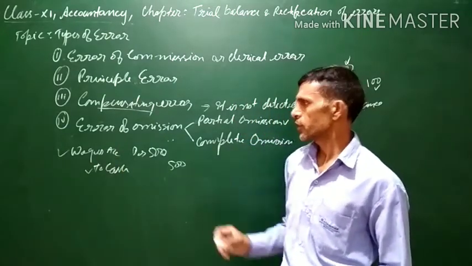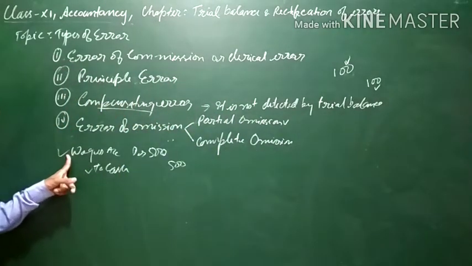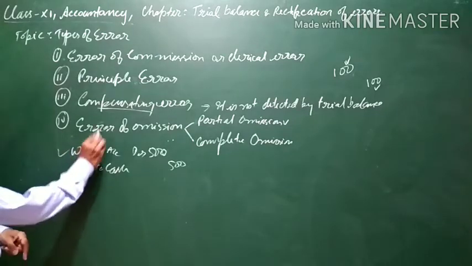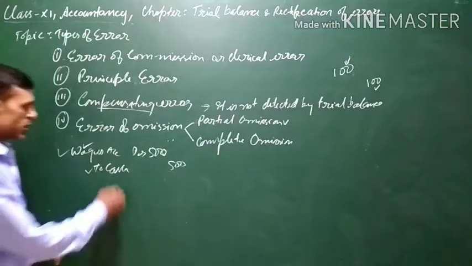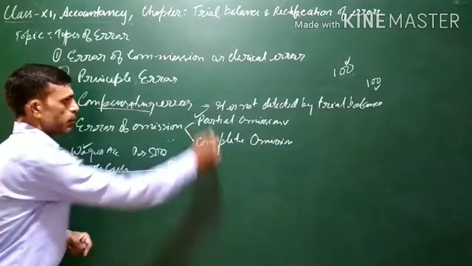If wages was posted to the wages account but cash was not posted, then it will be considered as partial omission.